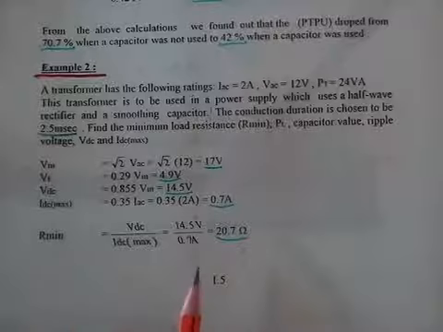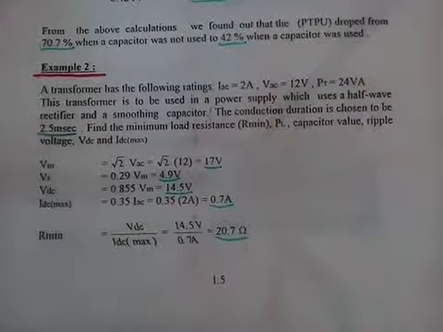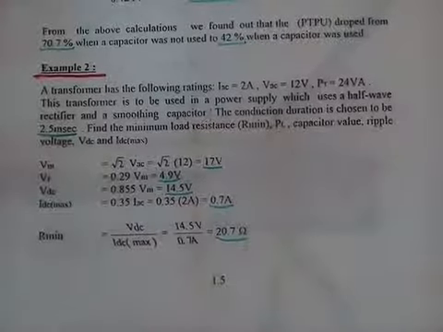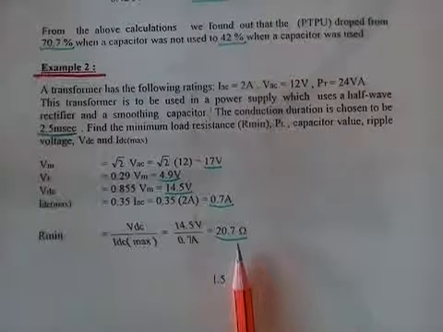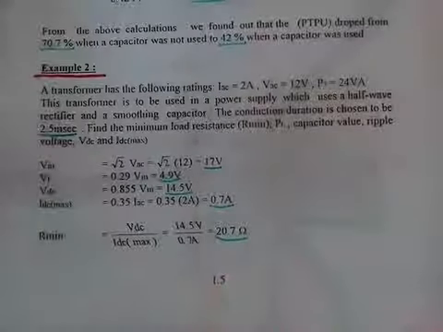And the minimum resistance would be equal to 20.7 ohm. That's the minimum resistance that you have without exceeding the specification of the transformer.